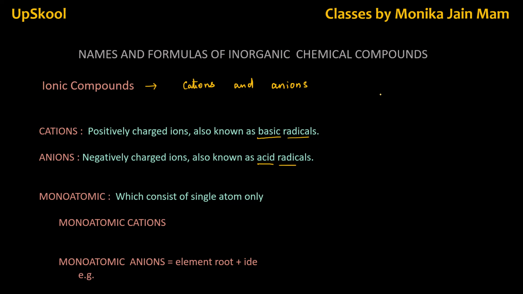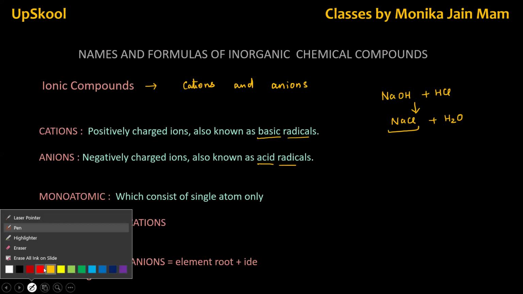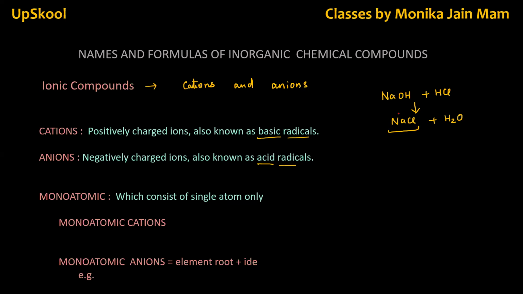For example, we have sodium hydroxide plus hydrochloric acid. Now, when we combine them together, we will get sodium chloride plus water. If I check this sodium chloride, sodium is +1 and it is coming from a base, sodium hydroxide, an alkali.